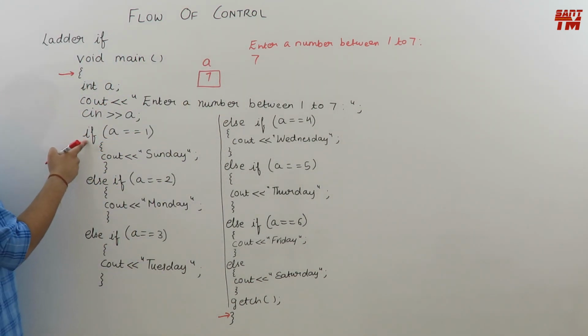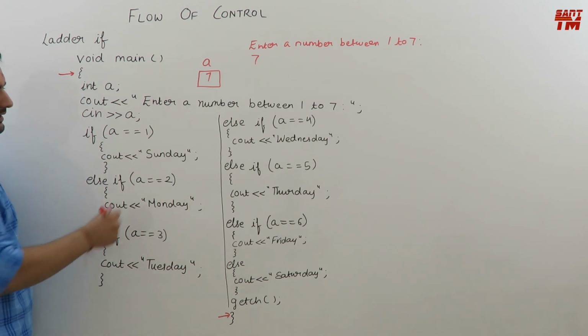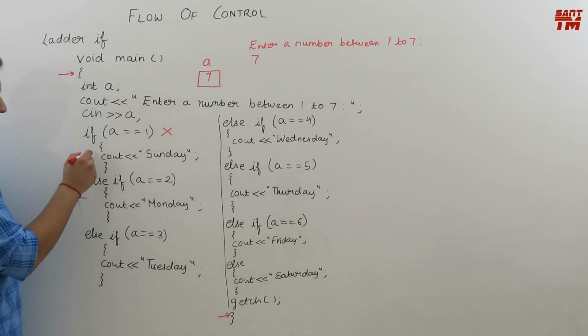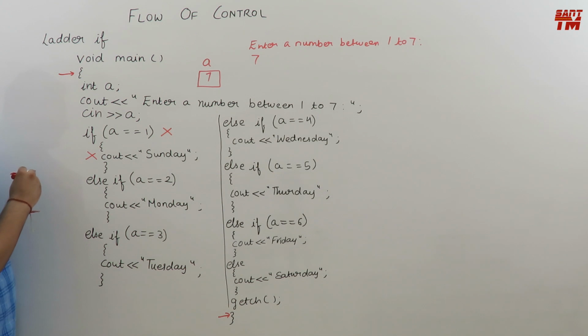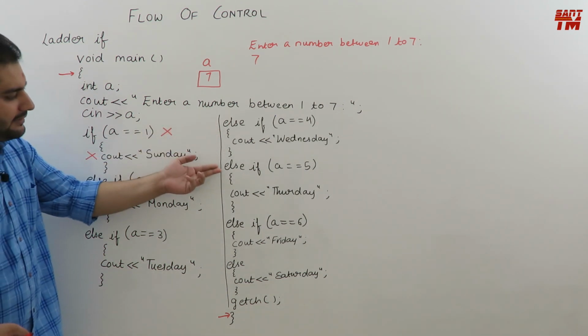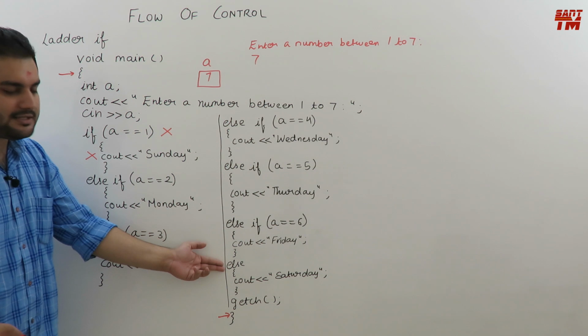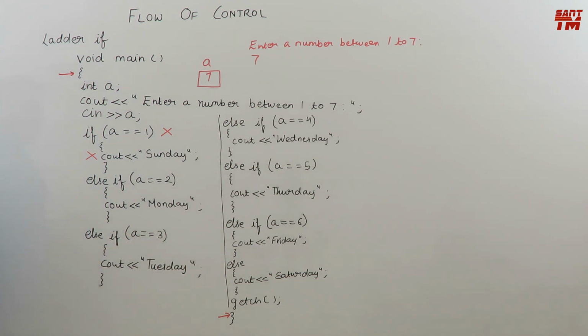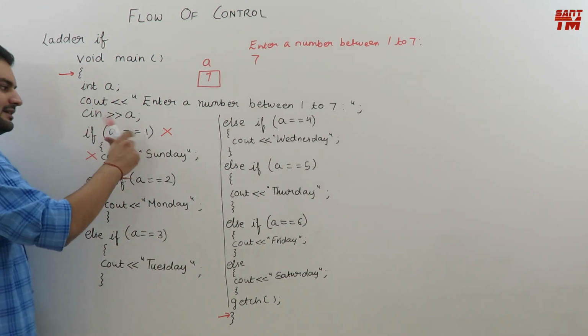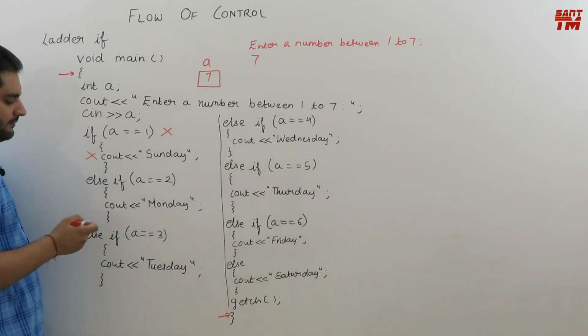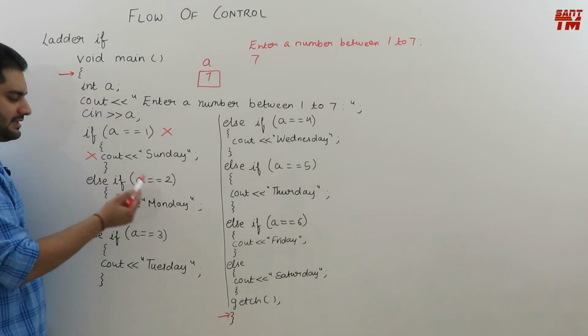Then we have the condition if a equals 1. No, this condition is false, so this block of if will not execute. Else if, note here we don't have just if and then else. We have if, else if, else if, else if, else if, else if, and at the last we have else. So what is exactly going to happen? If this condition is false, like the case now, then we will go to else if and check the condition.